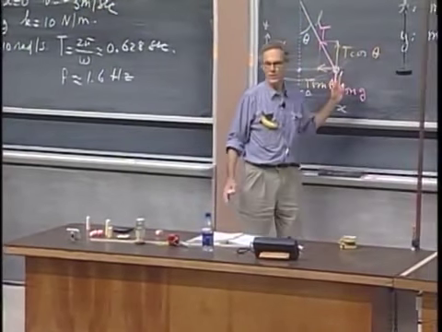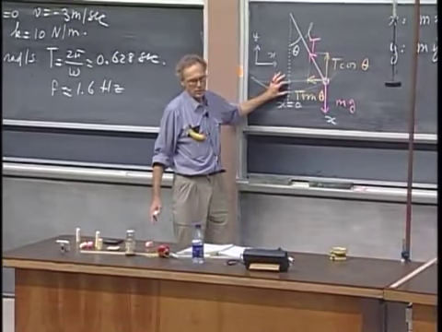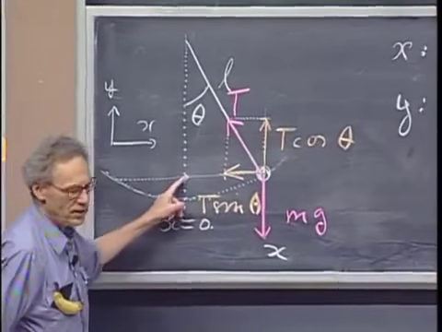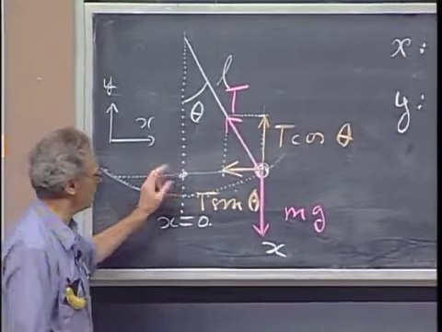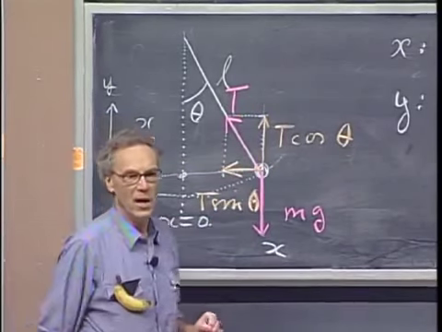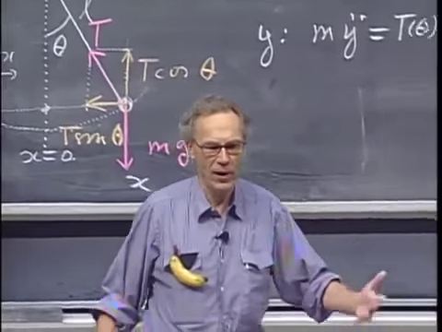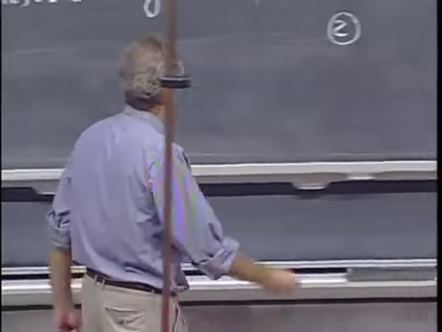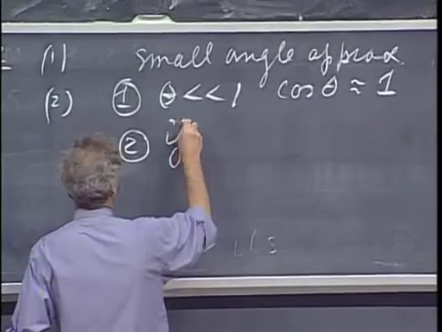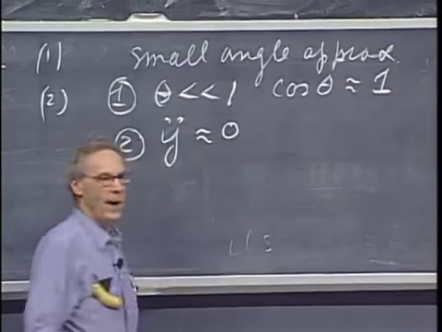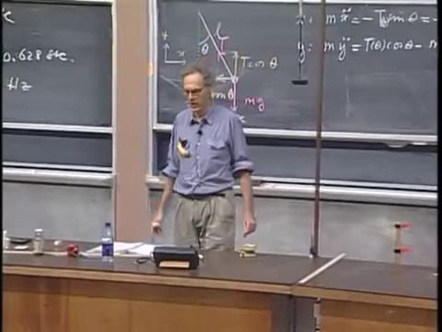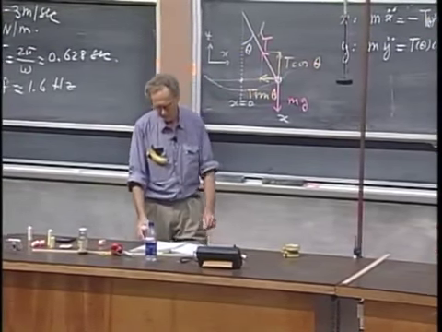At 5 degrees, this excursion is only 4% of this excursion. At 10 degrees, this excursion is only 9% of this excursion. And since the excursion in the y direction is so much smaller than in the x direction, we say that the acceleration in the y direction can be approximated to be roughly 0. There is almost no acceleration in the y direction.